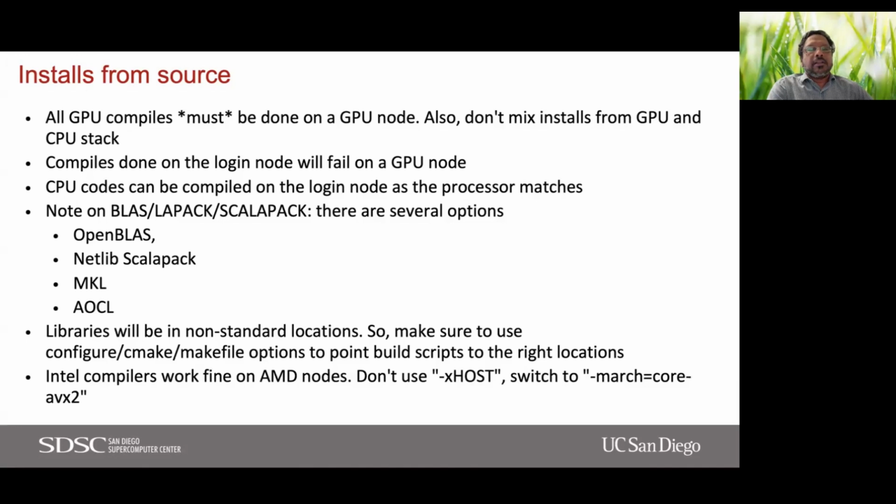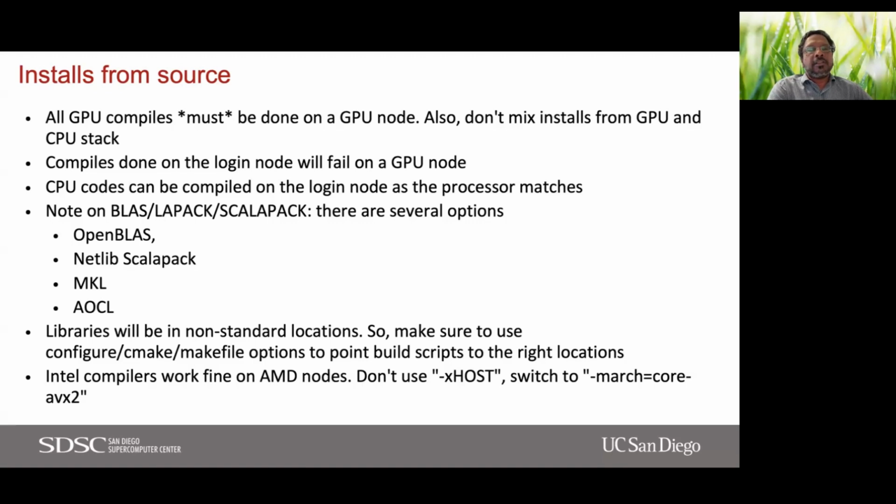Compiles done on login nodes will most likely fail on a GPU node. If you compiled code on the login node and tried running it on a GPU node and you get a segmentation fault, most likely it's because of processor incompatibility. Now the CPU codes you can compile on the login node, because the processor on the login node is the same as our CPU nodes.